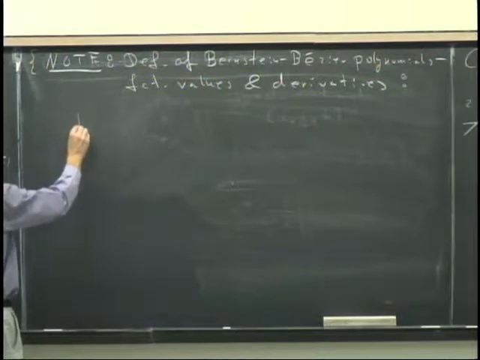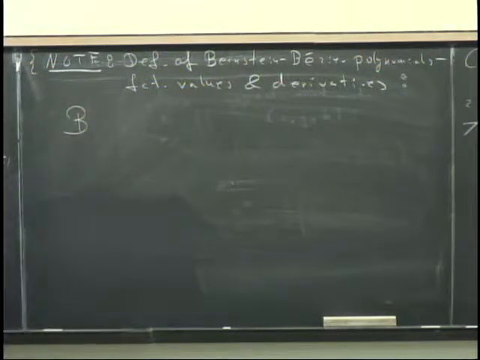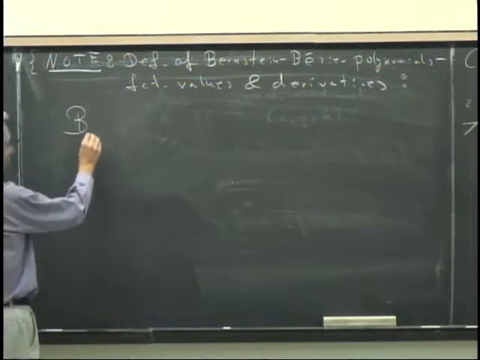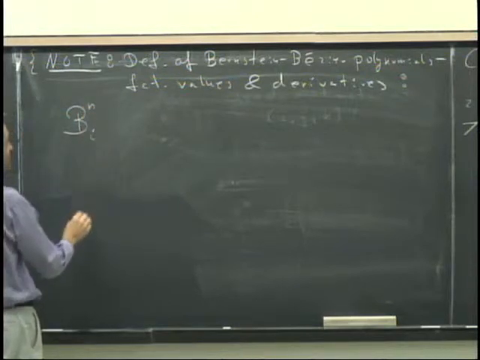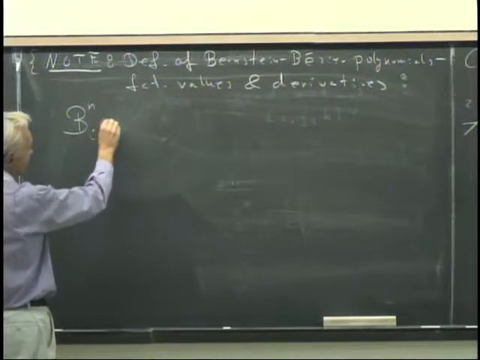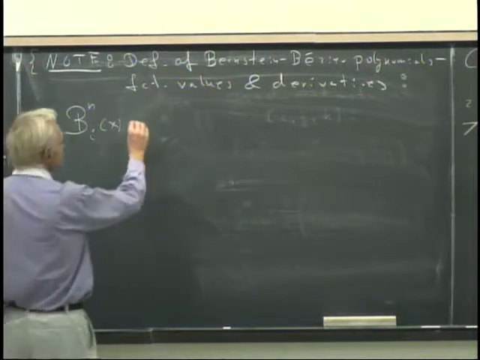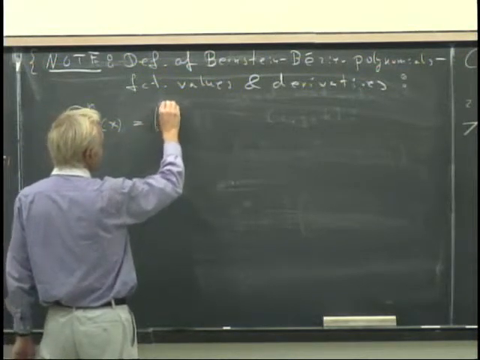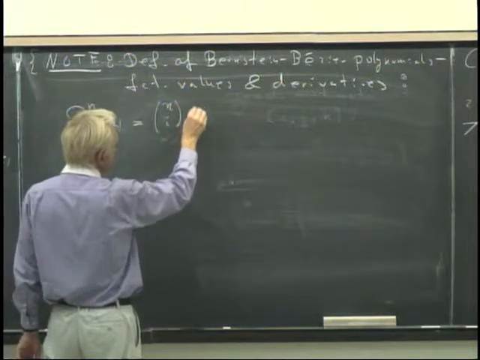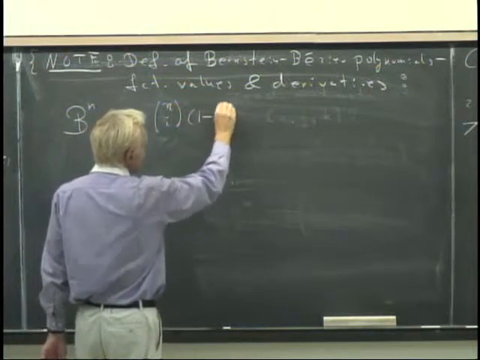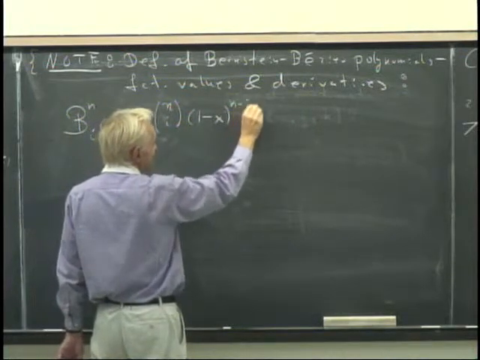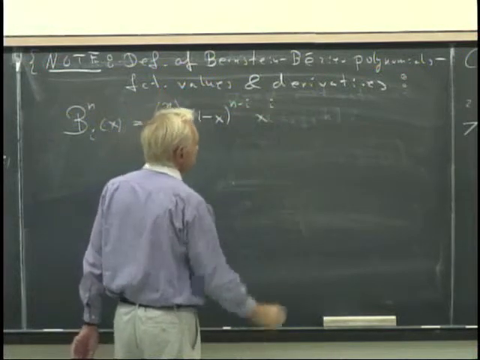So somewhere in your program you need an arbitrary function that you call with the parameters i, the parameter n, the degree, and the location x where you evaluate it, right? So somewhere you have a Bernstein polynomial with arguments i, n, and x going into it and returning the value of b. And this one is just defined as n choose i times (1 minus x) to the power of n minus i times x to the power of i.